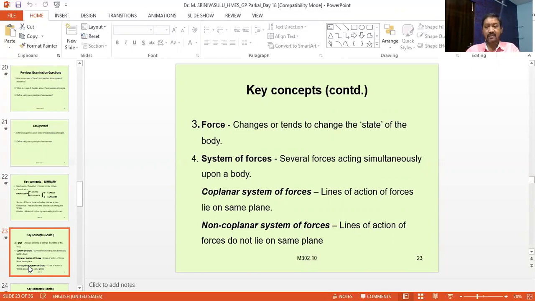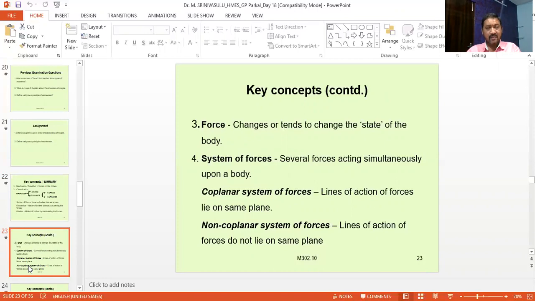A force is an agent or agency that changes or tends to change the state of the body.